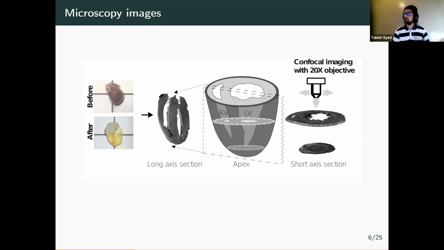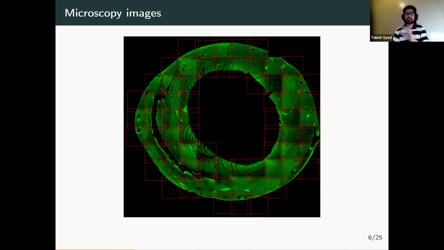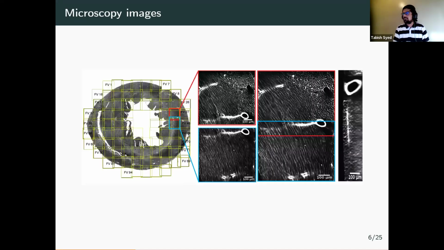But from a computer vision point of view, what we have is 3D images of an entire section, and we need to stitch them together. Basically, there's some overlap. So this is a traditional registration problem, except with some caveats: the structure is very repetitive.